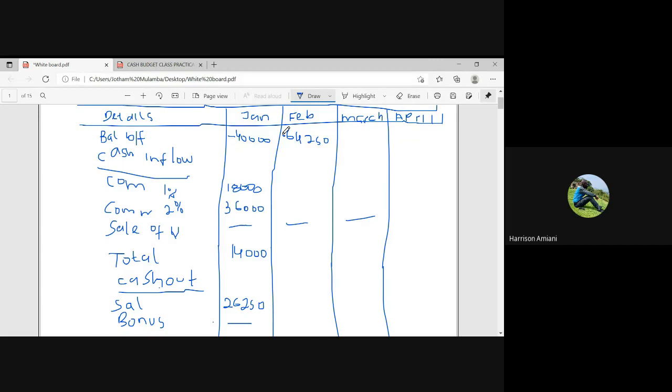Mwalimu, I was asking about the cash balance. Why have we omitted it in the cash flow?